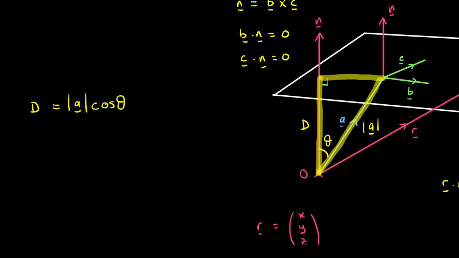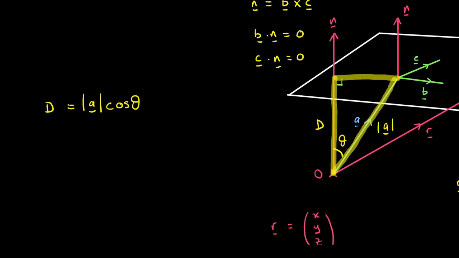Well, I can convert this into a vector equation. The way I'm going to do that is with a sneaky little trick that you need to learn because you're going to be using it all the time. I am going to introduce the unit normal vector. So I've got the magnitude of A, I've got the cosine of theta, and now in between, I'm going to introduce the magnitude of the unit normal.